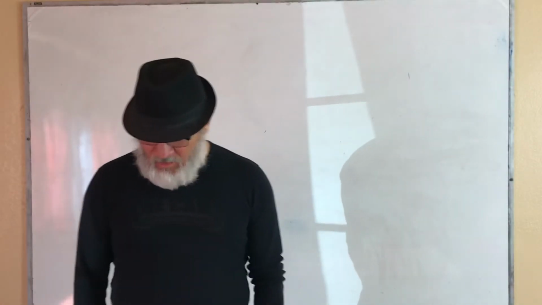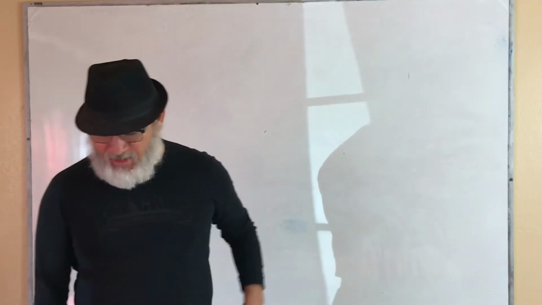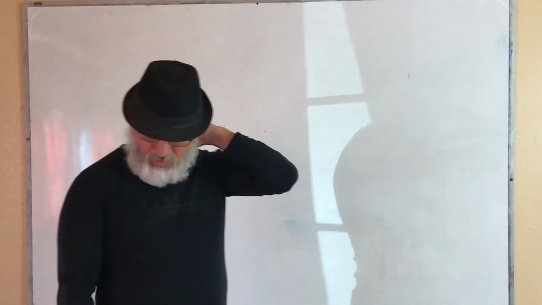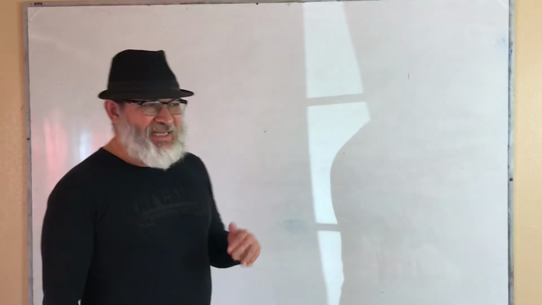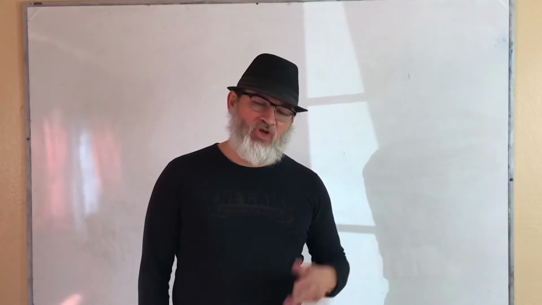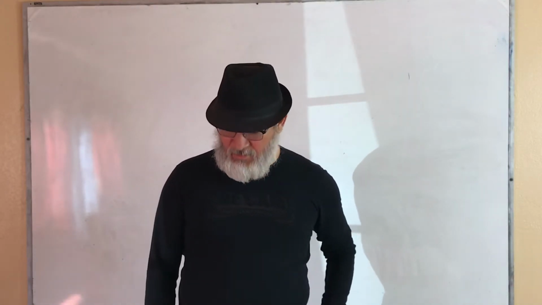Now, by definition, what is a polynomial? A polynomial is a sum of terms. When I say sum, I also mean subtraction, because subtraction is also a sum. We can express subtraction in terms of addition.